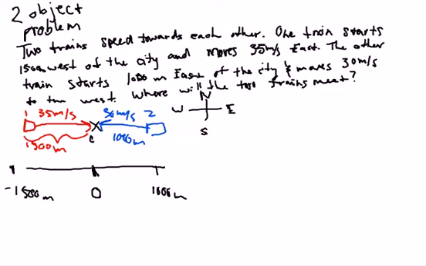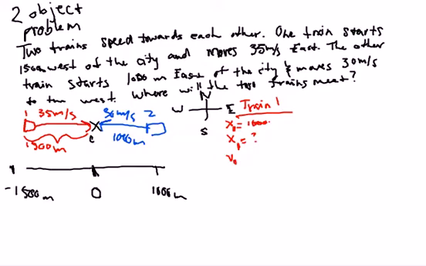Then, you need to label all your variables per item. So, if we are starting with train 1, we need to start with all the variables from train 1. So train 1, we have an initial position. We want to know its final position, but we don't yet.